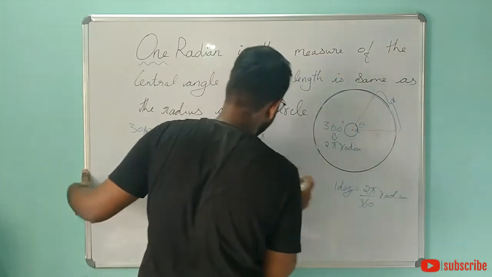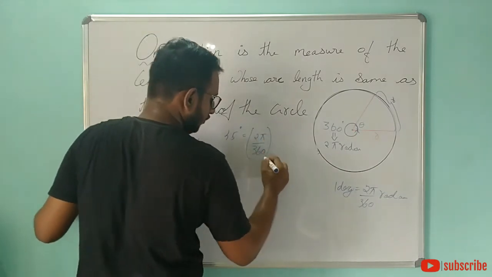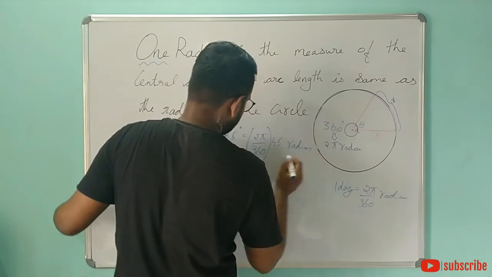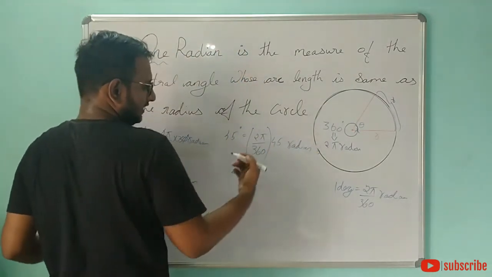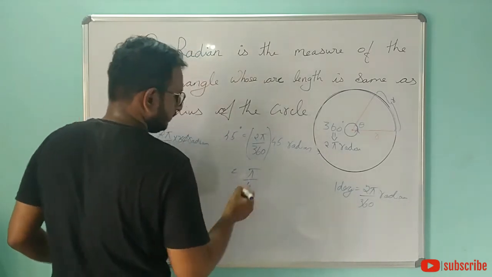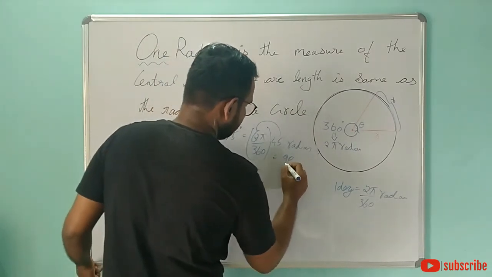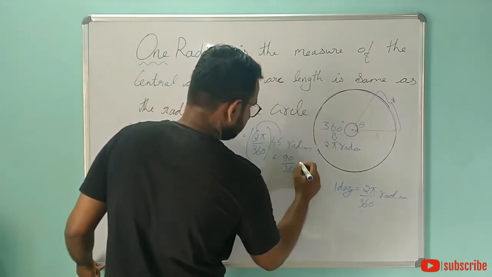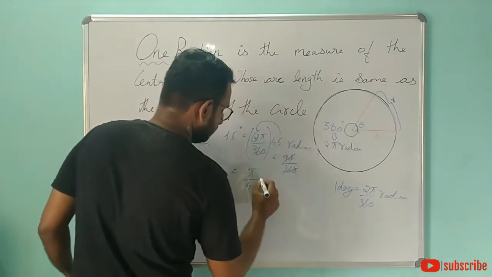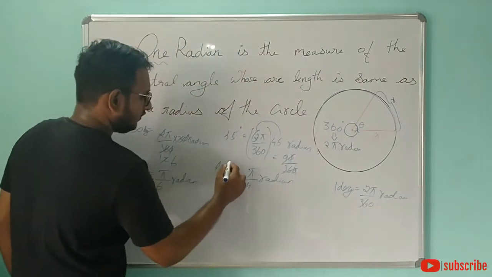So 45 degree is 2 pi by 360 into 45 radians. 2 into 45 is 90 by 360, the zeros cancel, and 9 fours are 36, so we get pi by 4 radian. We have derived it for 45 degree.